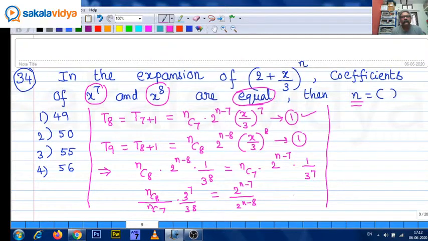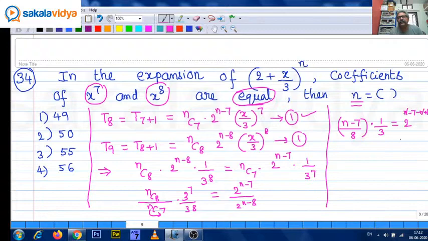This can be written nC8 by nC7 means n minus 7 upon 8 multiplied by 3 power 7 by 3 power 8 is 1 by 3, equals 2 to the power of n minus 7 minus n plus 8.